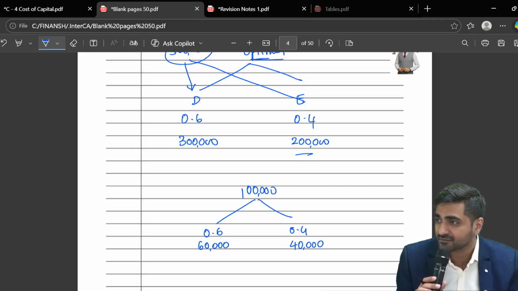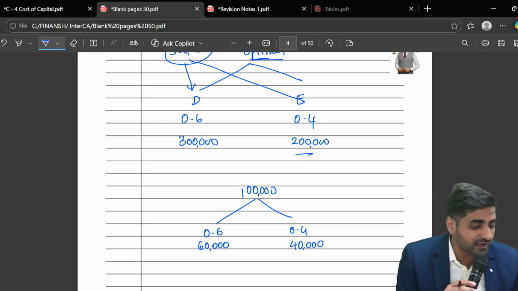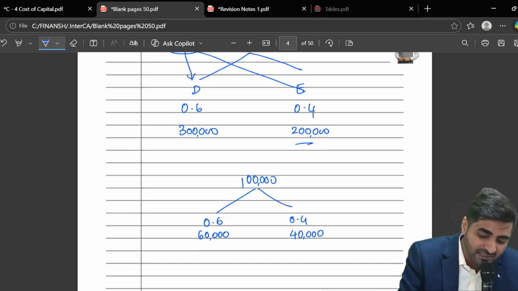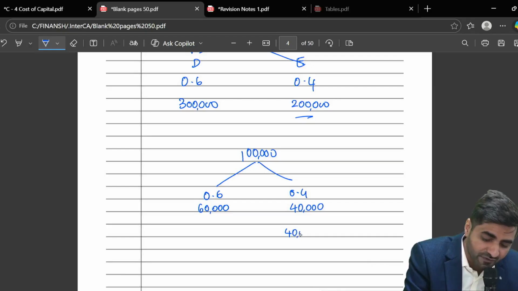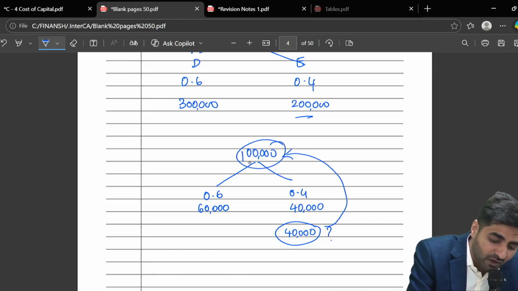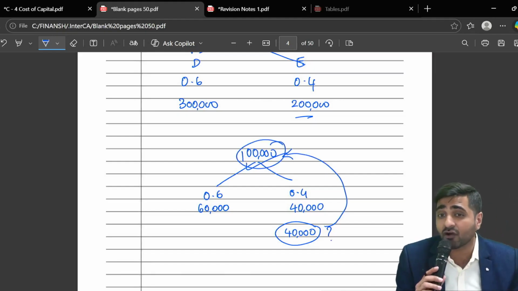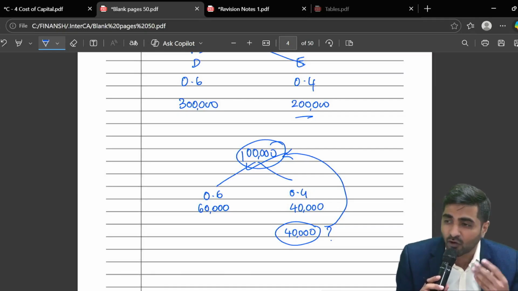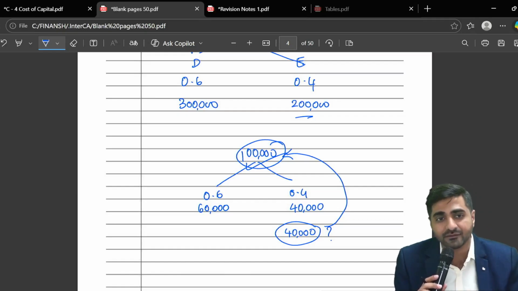Yes, sir. If I tell you that you are raising 40,000 by way of equity, can I calculate the total amount which can be raised, your total capital employed? Yes or no? Yes, sir. Sometimes I can give you 40,000 rupees just by way of equity.